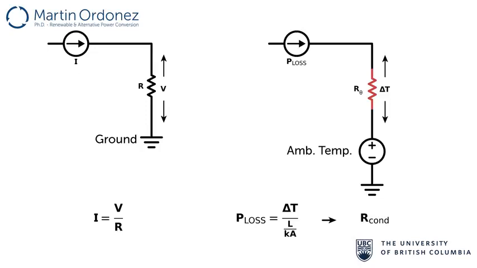Therefore, an equivalent thermal resistance can be defined as L over k times A. This way, there is an analogy between the electrical and thermal phenomena. As you can see, the relationship between power loss flow and temperature change is quite similar to the relationship between current flow and voltage drop.